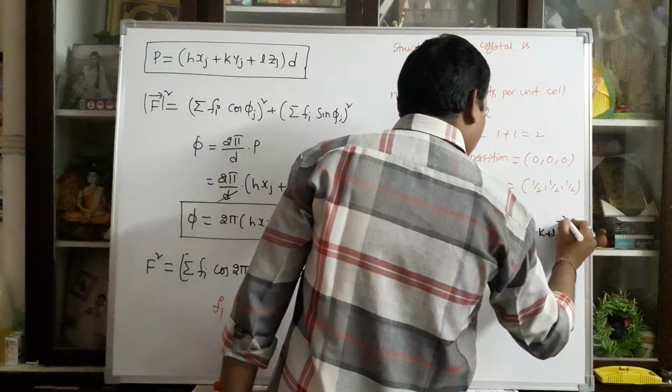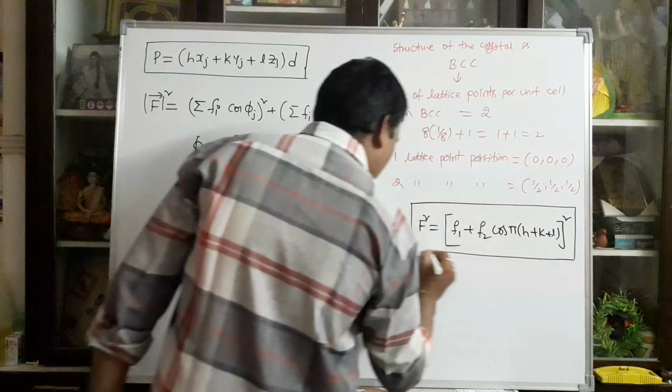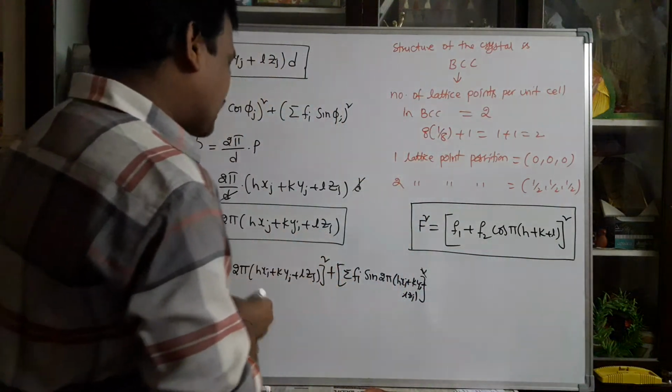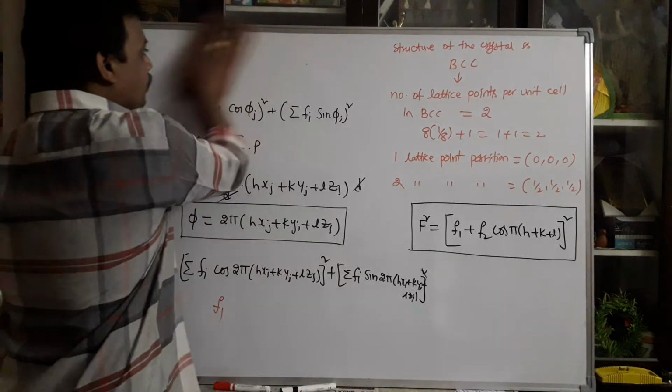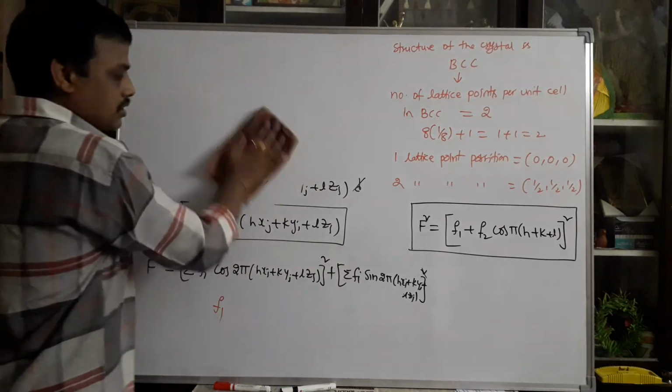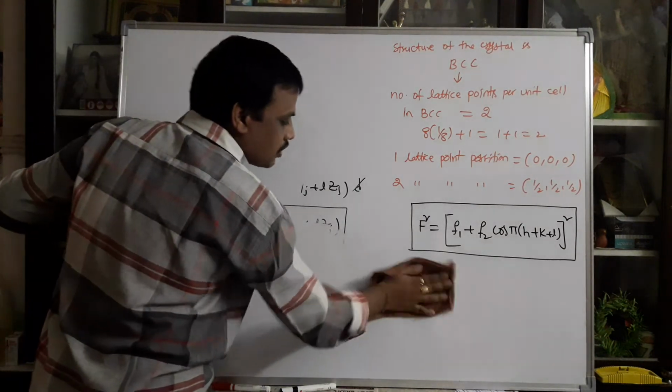This is the final form factor value when the crystal structure can be taken as... sorry, not simple cubic, that is body centered cubic structure.